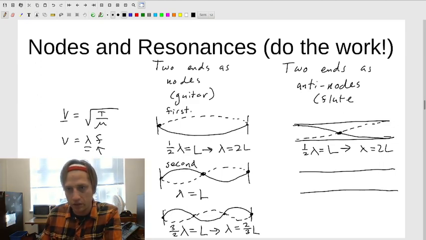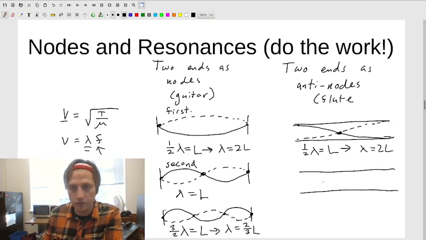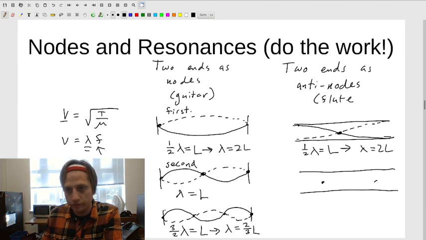Again, instead of having one node, we're going to have 2 nodes. Let me dash one of these.